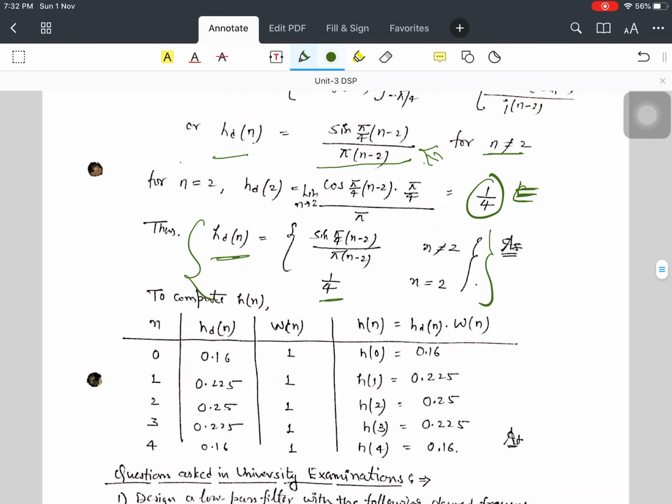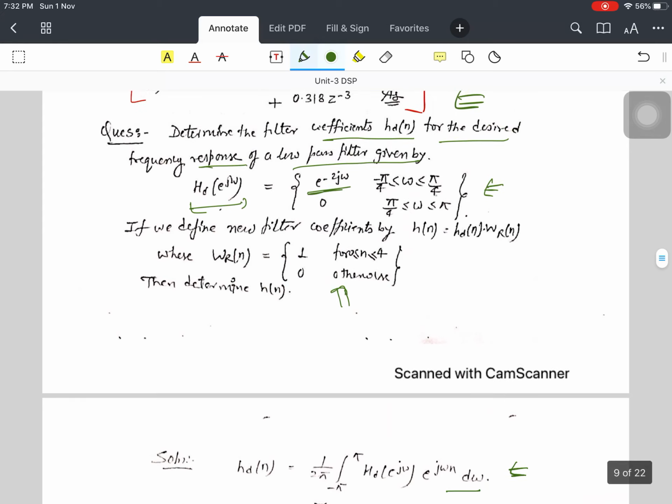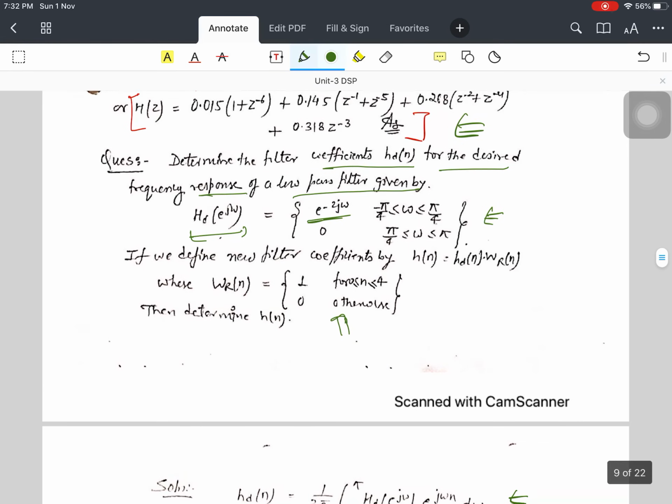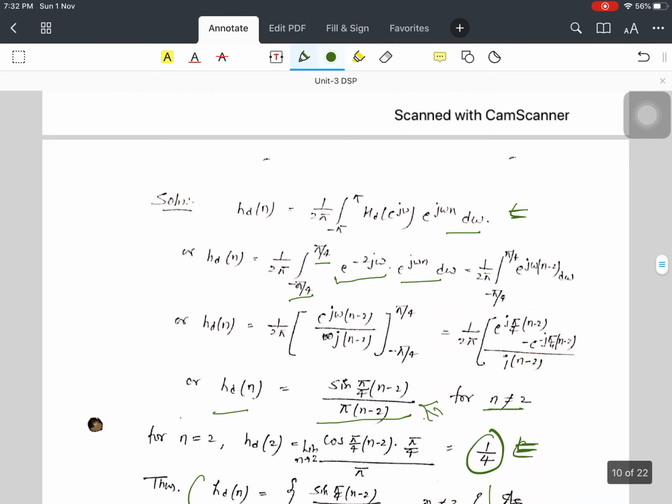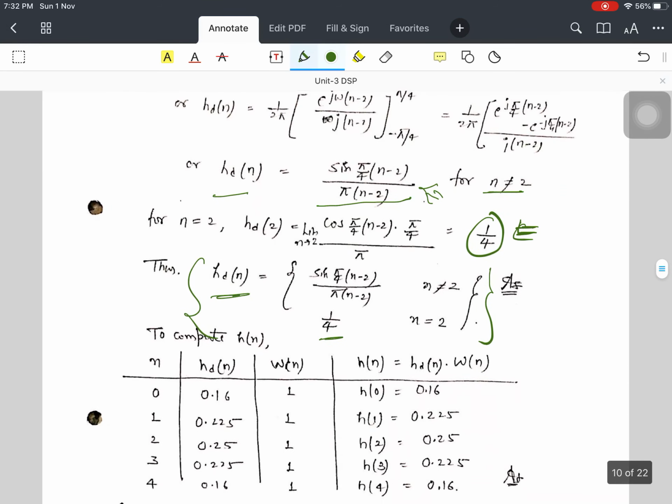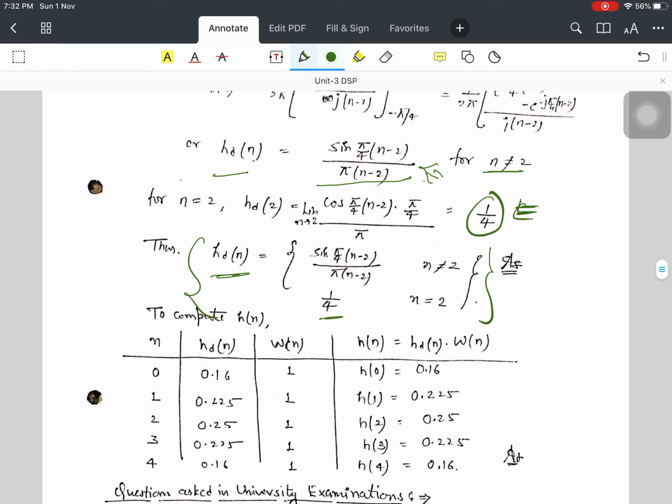You can check here the value to compute h(n). For h(n) we calculate this Hd(n) from the above equation, and w(n) we know. So, we can easily calculate the value of h(n).